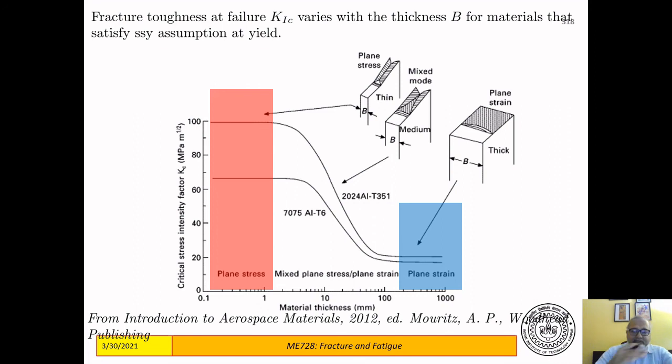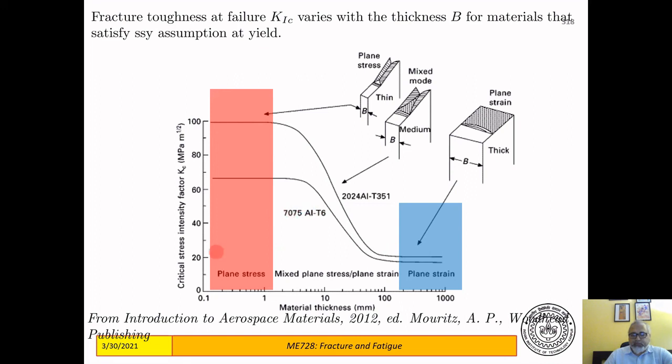Though we have been saying that fracture toughness is a material property, what our discussion shows is that fracture toughness is going to be high for plane stress situations, where you use a thin specimen and B is small, than in a plane strain situation where B is large. So you will have a transition in the value of fracture toughness. This is for aluminium, by the way.